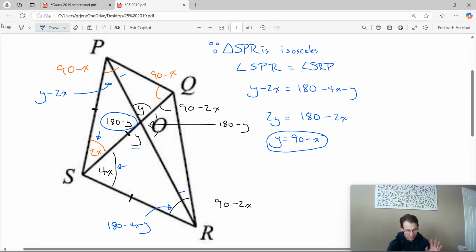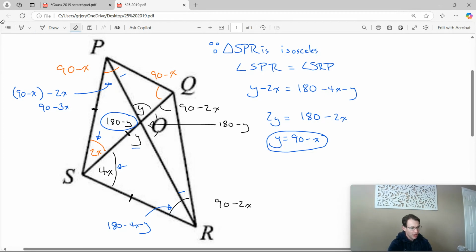It's very cool, people, okay? So now I can rewrite this angle in terms of x only. So instead of y, I will have there 90 minus x minus 2x. Oh, in other words, this is 90 minus 3x.